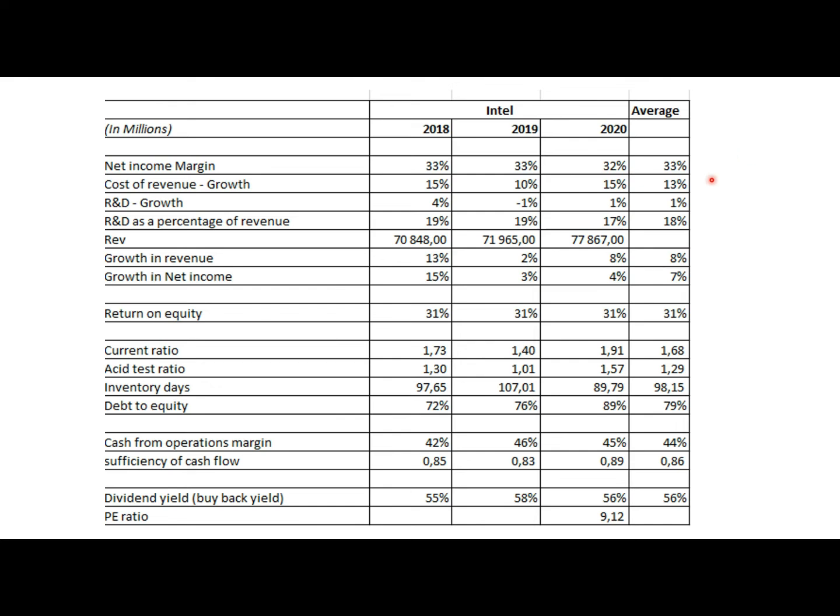Yes, it has popped from 2019, but basically it's reached 2018 levels, so pretty much stable expenditure there. R&D is not really increasing by that much. So very tight cost control. Costs are being kept on a leash, and that has resulted in pretty stable margins. Stable costs will obviously result in stable margins.